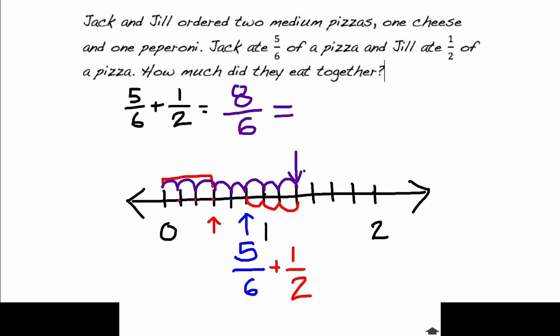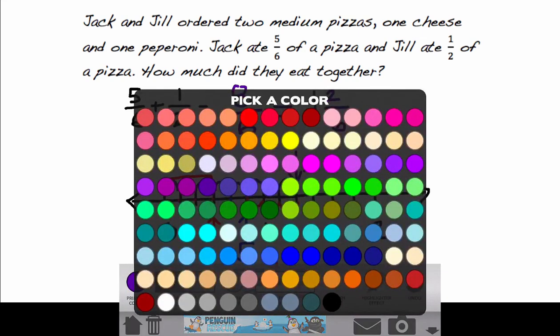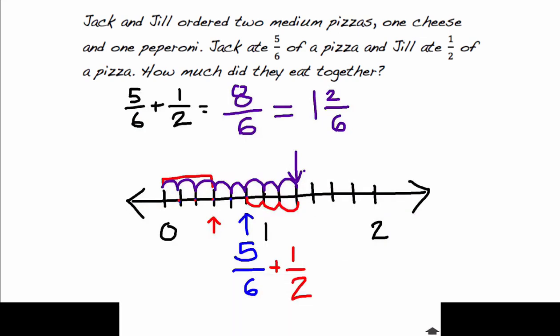8/6 is an improper fraction. I'm going to go ahead and change that to a mixed number. And I will say 8 divided by 6 would equal 1. There'd be 2 left over out of the 6. So 8/6 equals 1 and 2/6. Now if we jump back to our number line using a new color, we'll make sure that that makes sense, which it does.